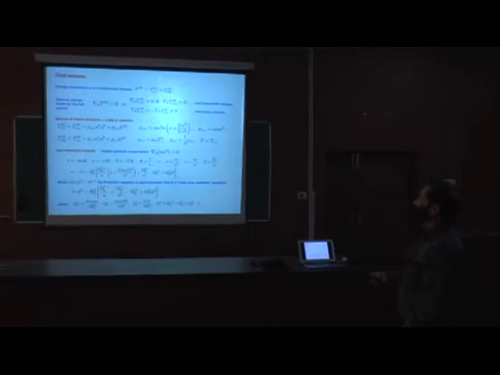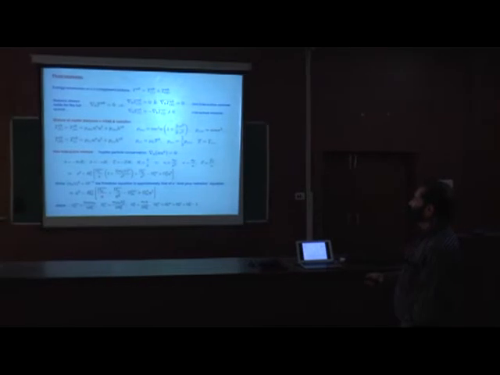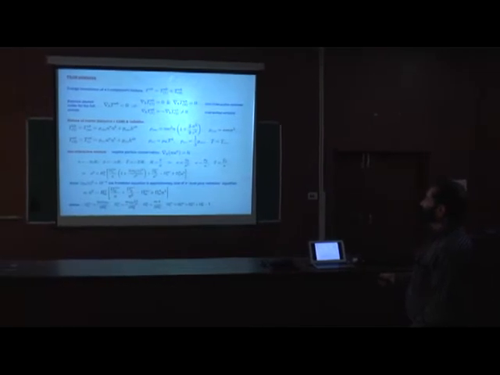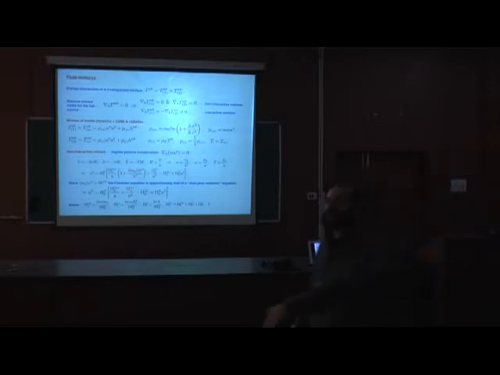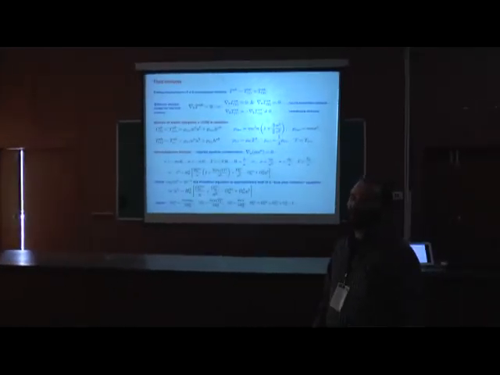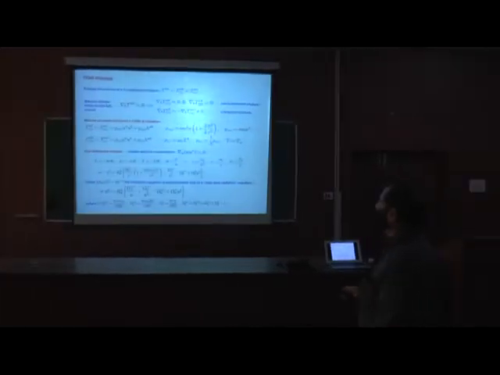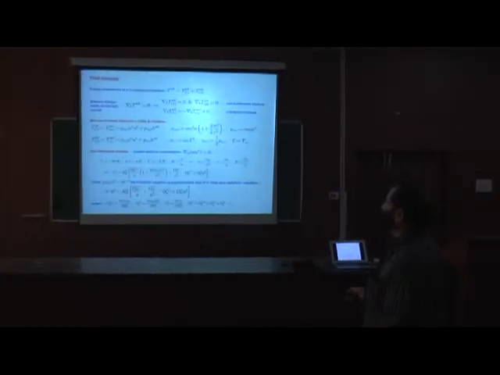And here you can see how such a mixture works. For example, the radiation today is not important because radiation dilutes much faster than matter, right? So evidently this term is going to be much smaller than this one.